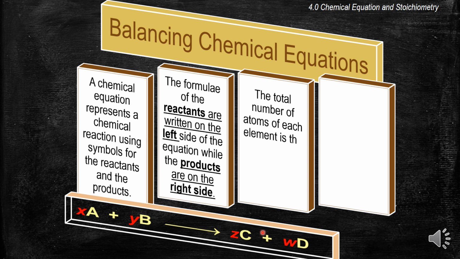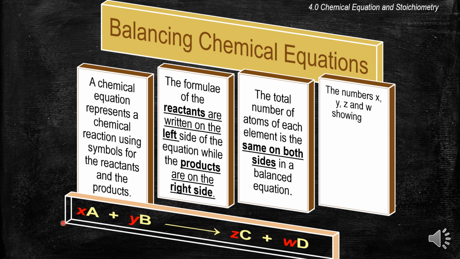To balance a chemical equation, the total number of atoms of each element is the same on both sides in a balanced equation.